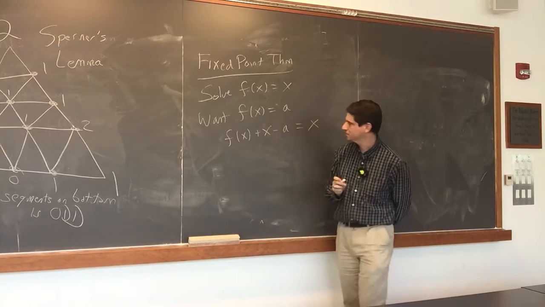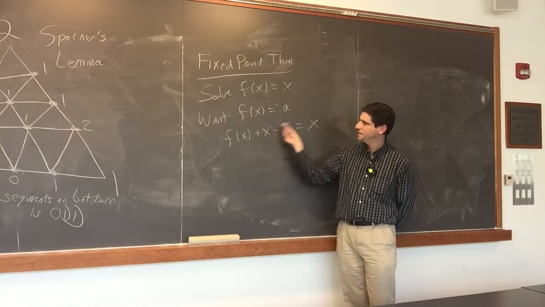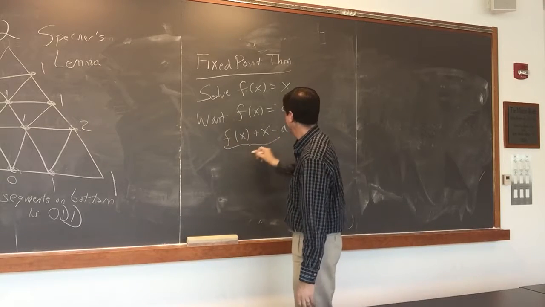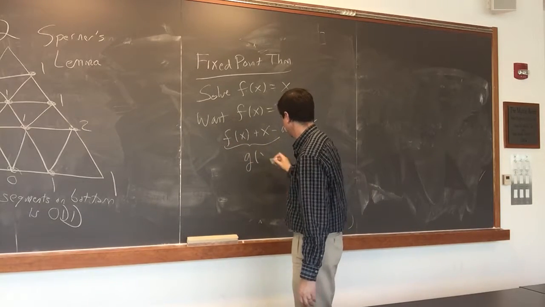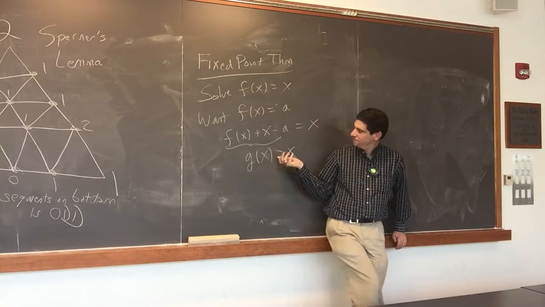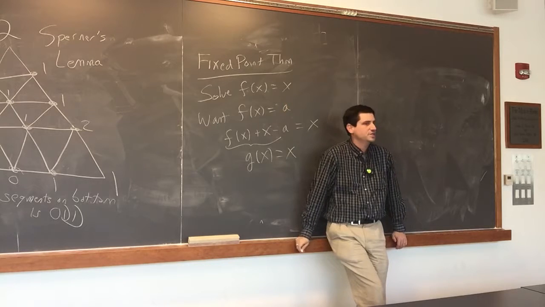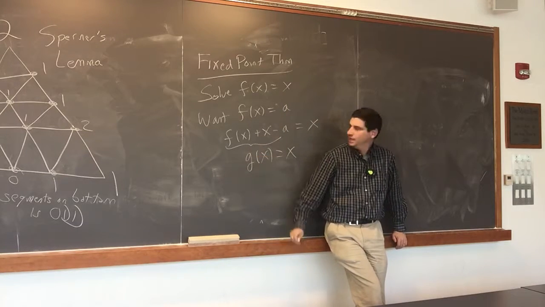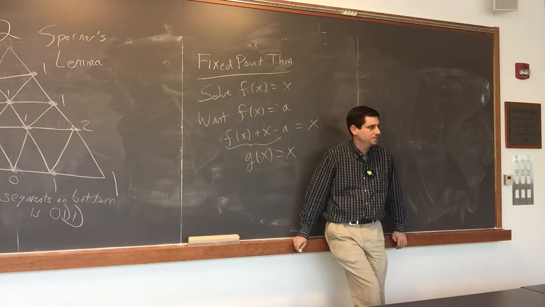So imagine this equals x. Then that's the same as f of x equals a. So if we call this our function g of x, finding a fixed point of this is the same as solving f of x equals a. So you can convert a lot of these problems to fixed point problems.